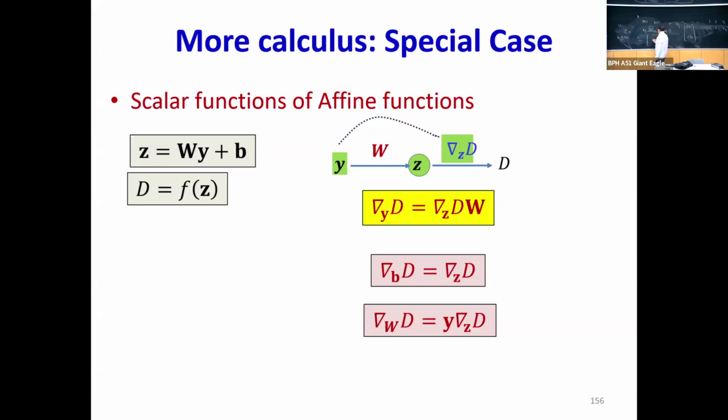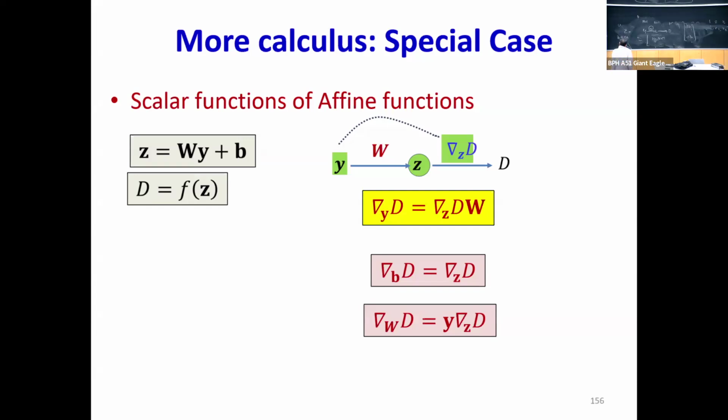So w is going to be n cross m. Okay. Now we said something in the previous class. The derivative of a scalar with respect to any object, vector or matrix, is going to have the same shape as the transpose. Right? So when I take a derivative with respect to a column vector, it became a row vector. If I take a derivative with respect to a matrix, it becomes a transpose of the matrix.